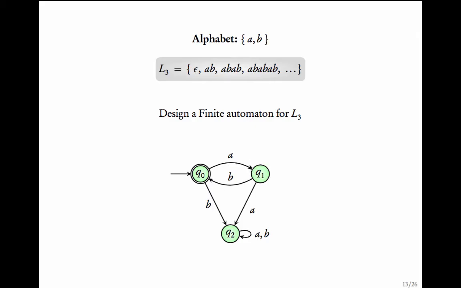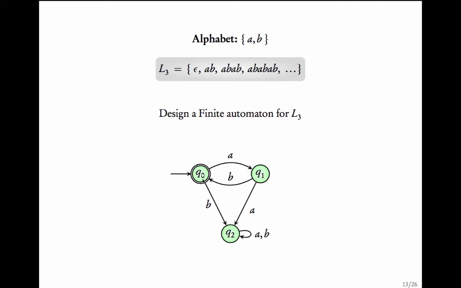Each time you see an AB, you have to come to Q0. Whenever you see something apart from AB, you need to go to a sink state. This kind of a state from where you can never go to other states can be called a sink state. So at Q0, if I see an A, I will go here.